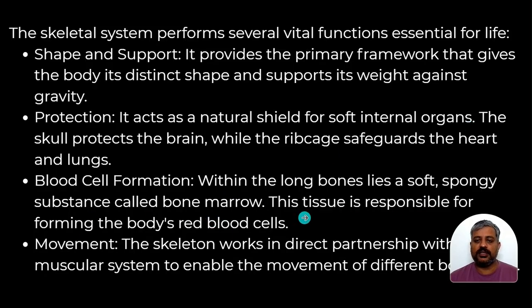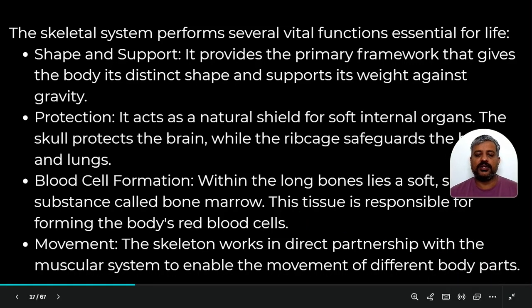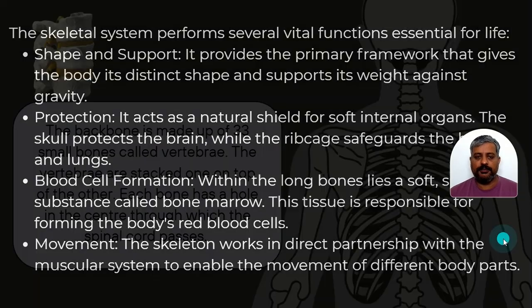This tissue is responsible for forming the body's red cells. Obviously this is in the blood. Movement. The skeleton works in direct partnership with the muscular system to enable the movement of the different body parts. So you can note it down, and you can pause the video and revise it well.